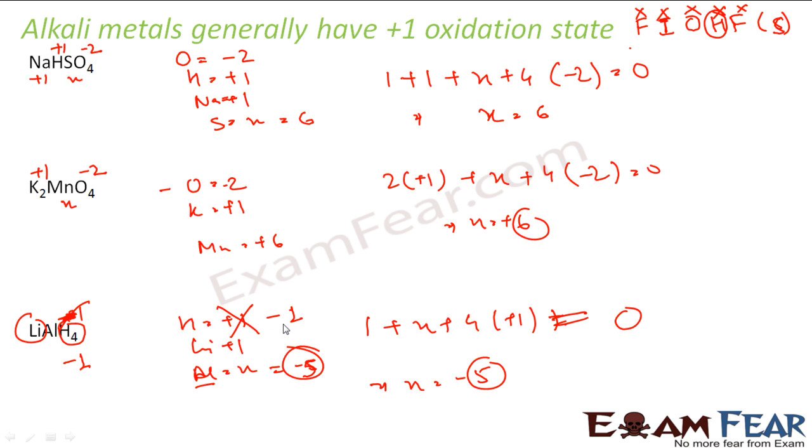This is not +1, this is -1. And for lithium it is +1, correct? So now if you apply, X comes out to be +3. And that looks correct for aluminum, because Al +3 you must have seen in a lot of places, right? This is correct. I did this intentionally just to show you that you should not forget that hydrogen has exceptions, oxygen has exceptions. So here in hydrides, it is -1.